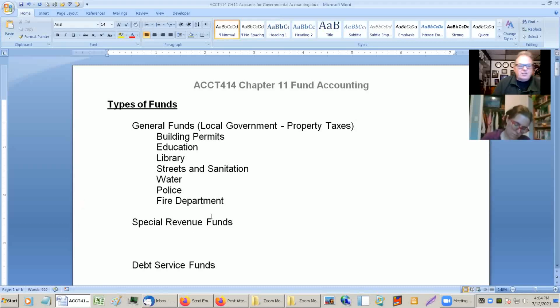Special revenue funds, kind of wacky that they are, are funds that can only be used for special purposes.